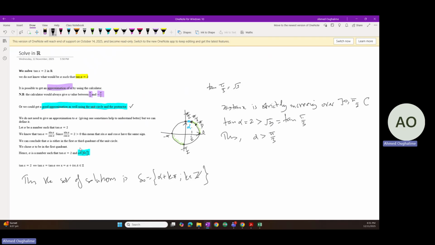Finding the range for alpha, from alpha to pi over 2, you can do it mentally. The most important thing to state is that alpha satisfies this condition and is in this interval.